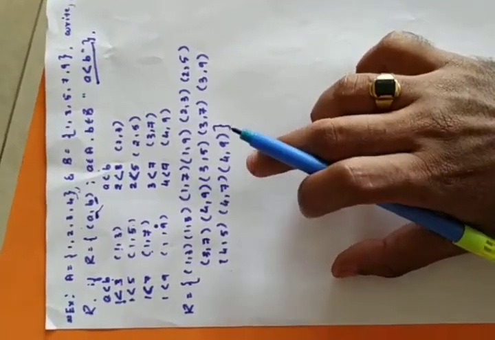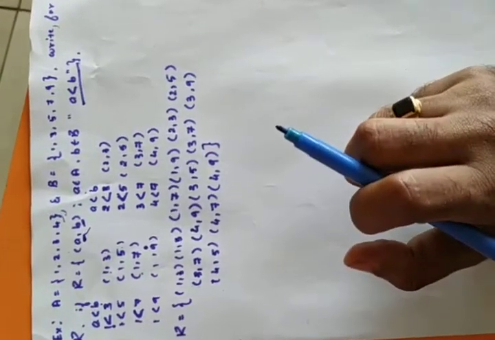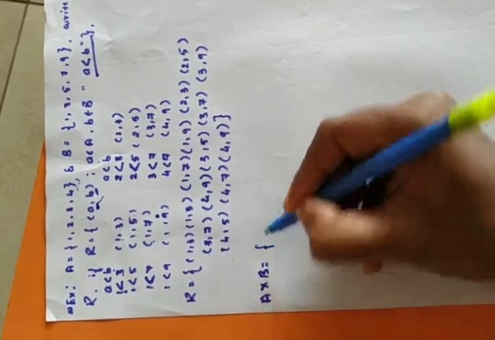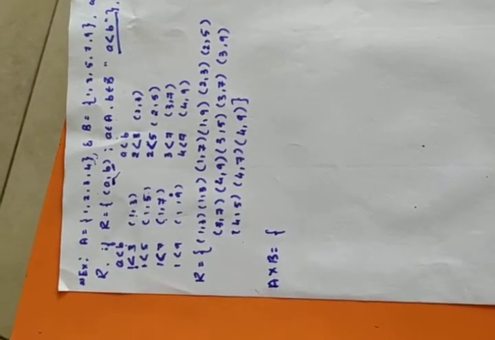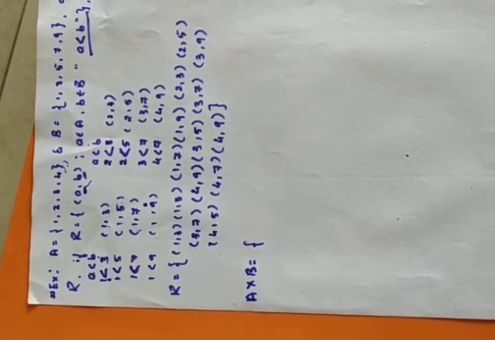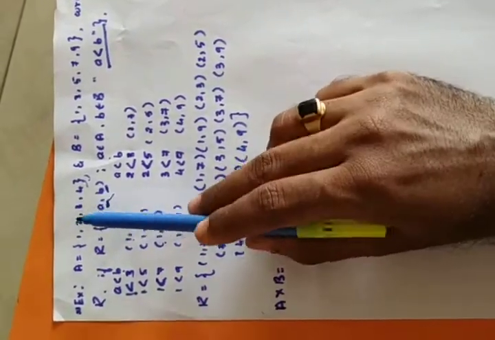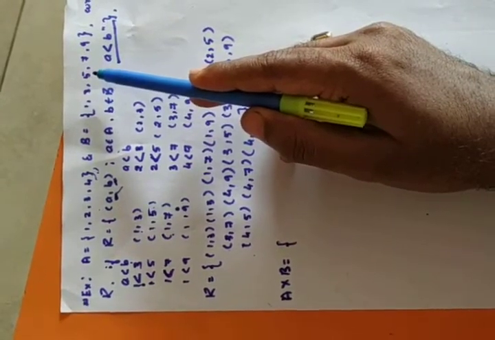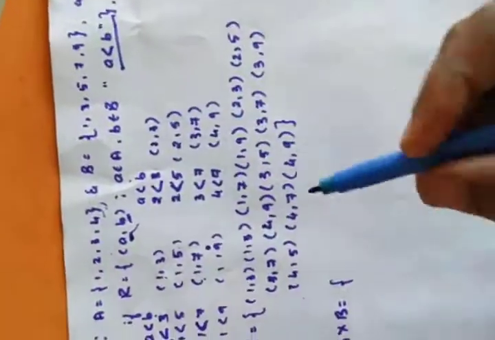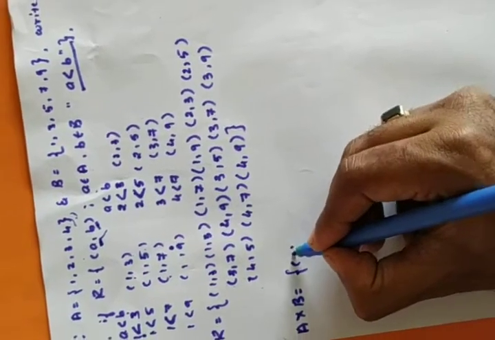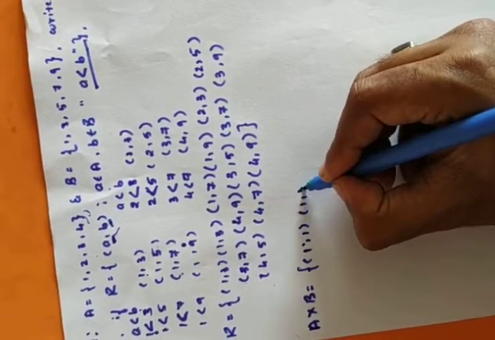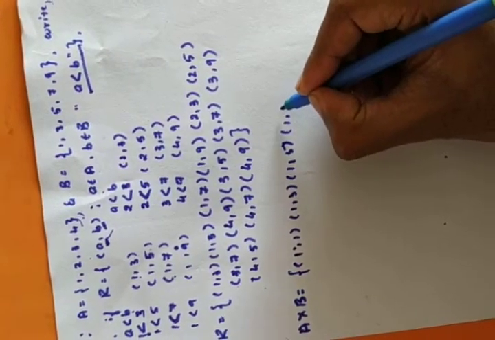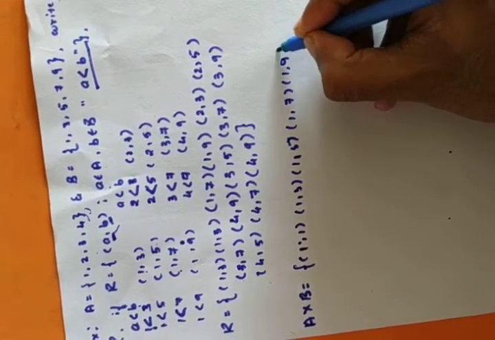Then how can we say that R is always a subset of A into B? If I write A into B, then you already know how to write down the Cartesian product A into B. Here each and every element of set A is paired with each and every element of set B. I can write this as: 1 comma 1, 1 comma 3, 1 comma 5, 1 comma 7, 1 comma 9.